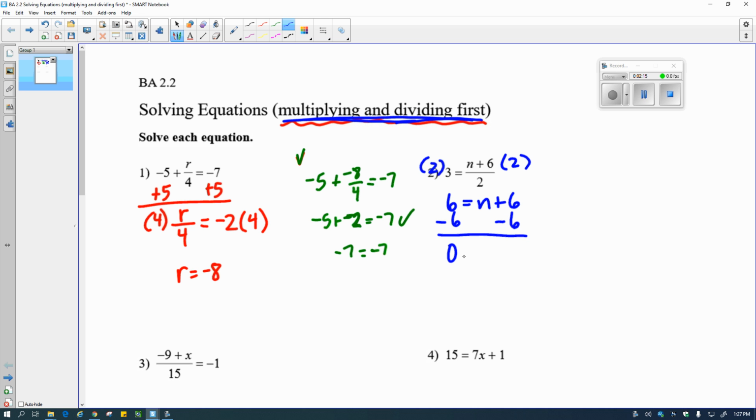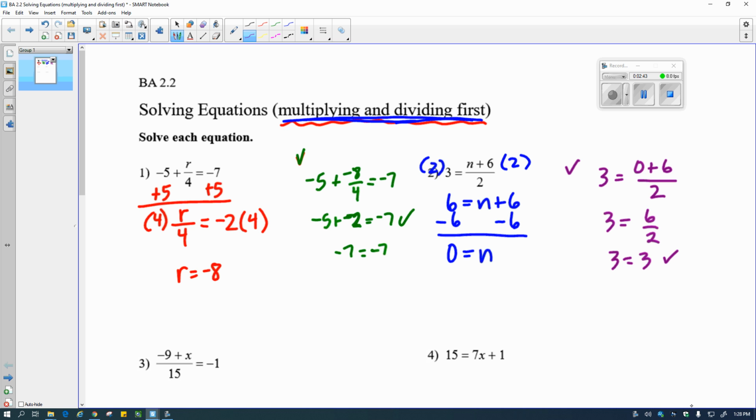I have 0 equals n. So if I'm going to do my checkpoint on that one, I would have 3 is equal to 0 plus 6 divided by 2. So 3 is equal to 3. That checks out, so that is a correct solution. If you're not sure if you're doing an equation correctly, you can always do a checkpoint.